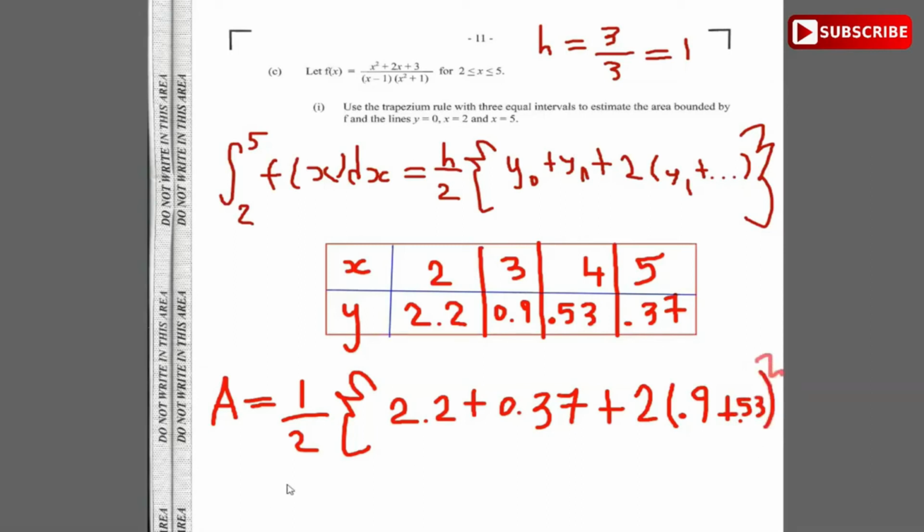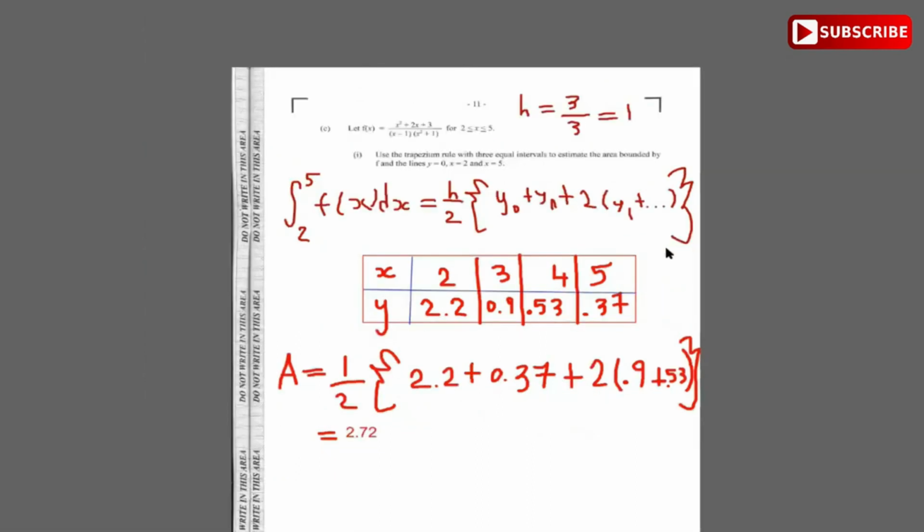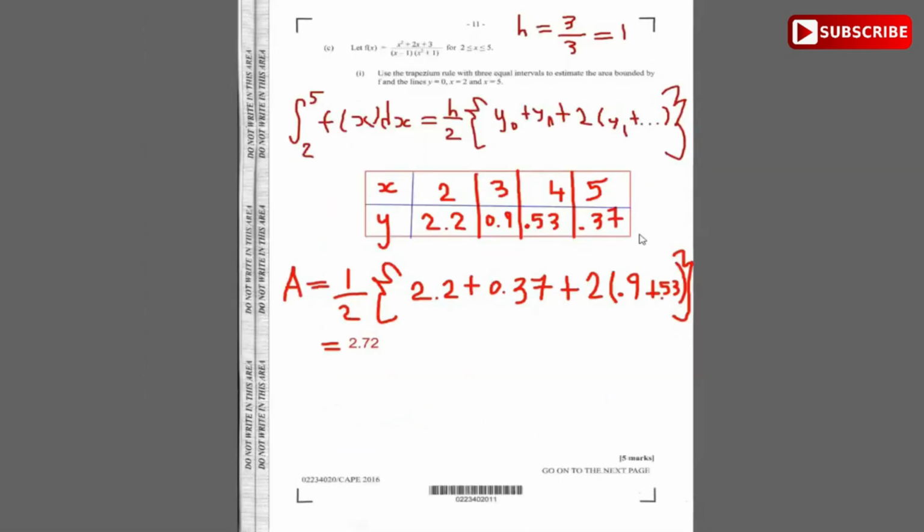Let's put all of this in our calculator. 2.2 plus 0.37 plus 2 times 0.9 plus 0.53, divided by 2, and I get 2.72. So that's the area. That's what I'm getting using trapezium rule. Nice.